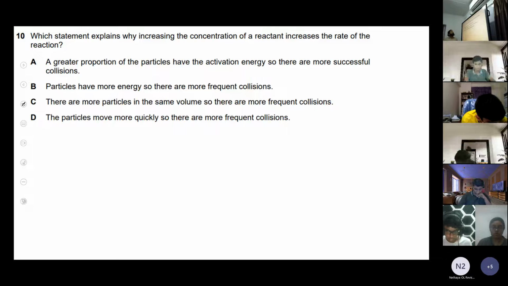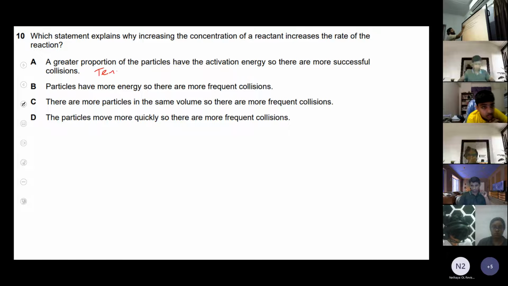Right. Next one. Which statement explains why increasing the concentration of a reactant increases the rate of reaction? It will increase the number of particles in unit volume, so the frequency of collisions will increase. That's the story, right? The greater proportion of particles have activation energy. Who is that? Temperature, very good.